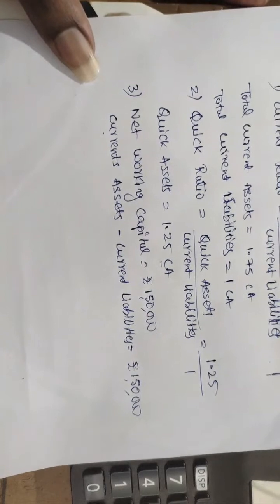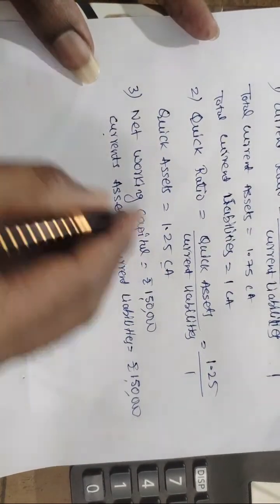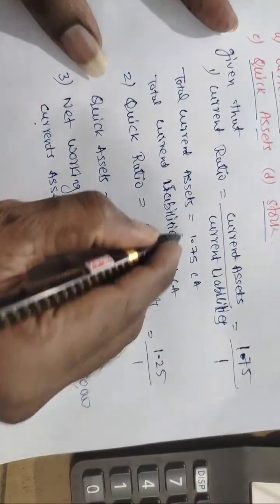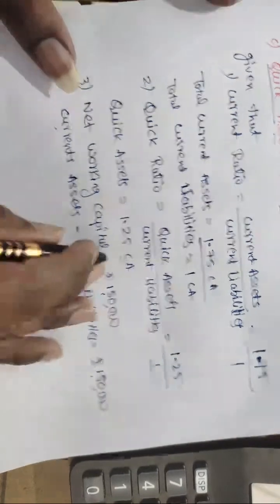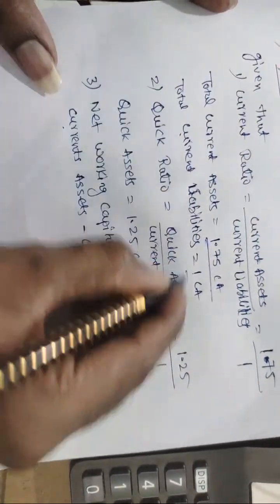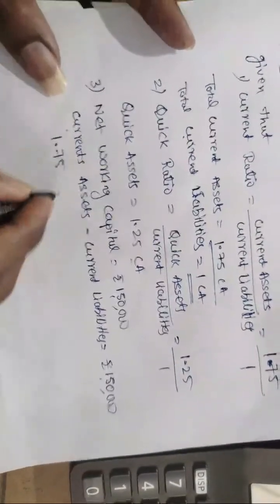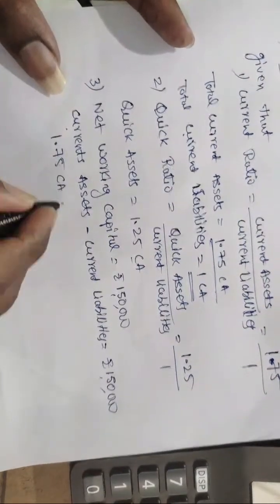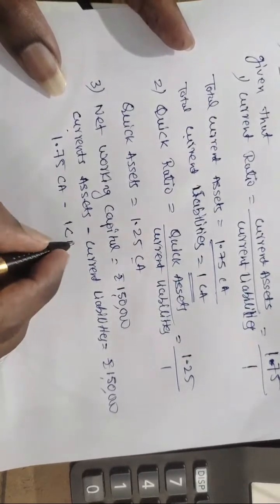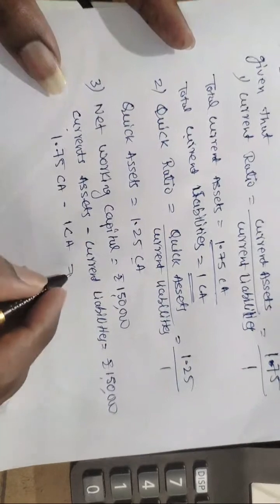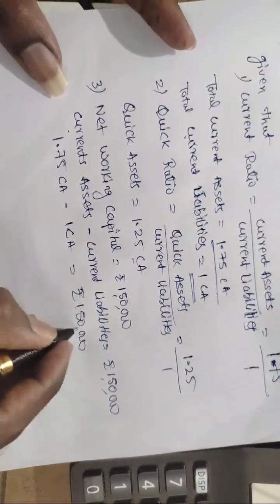Current assets minus current liabilities. Current assets is 1.75 and current liability is 1. So 1.75 current liability minus 1 current liability, that is your current liability, equals rupees 1,50,000.